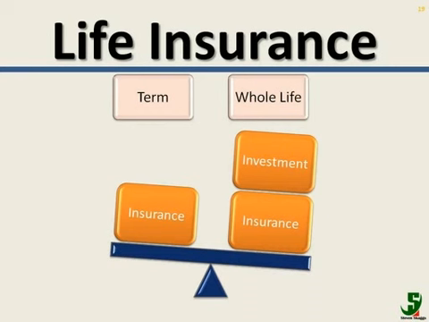In that way, the whole life policy is also an investment vehicle. Your premiums are a way of saving and investing, using the insurance company as your investment manager. Whole life premiums are more than term life premiums because you are paying not only to shift risk, but also for investment management.